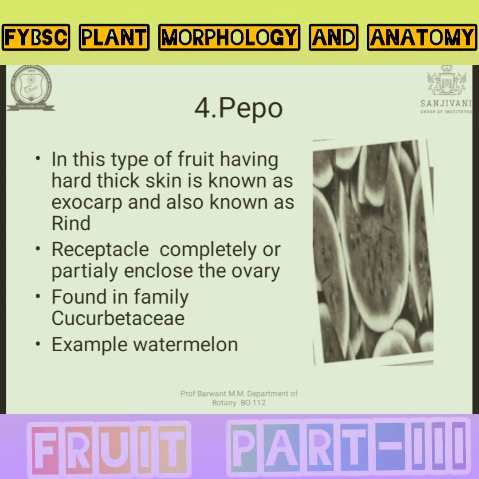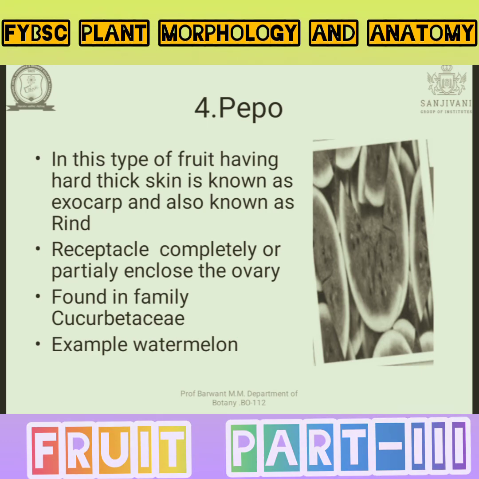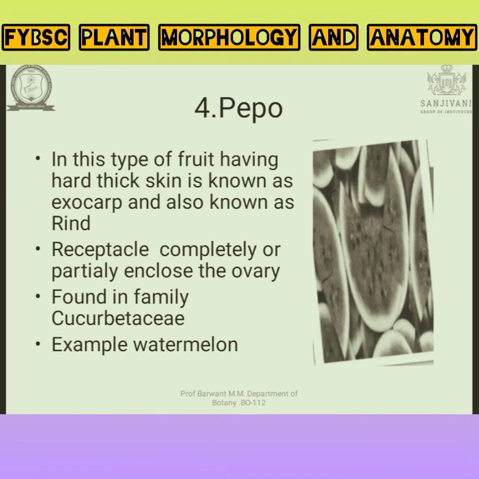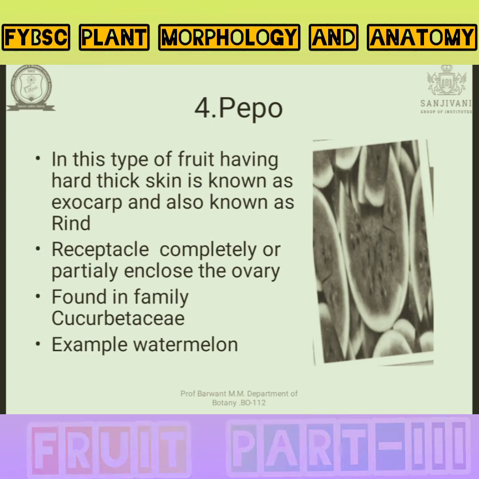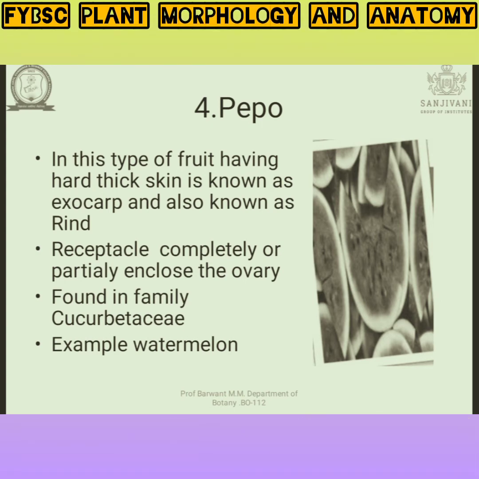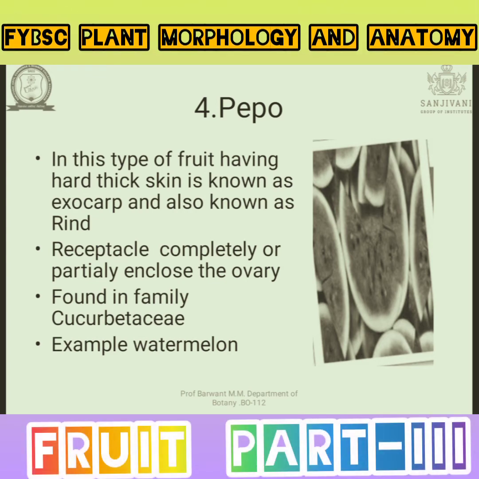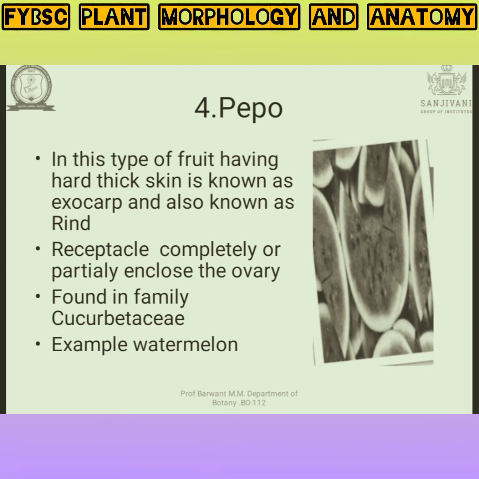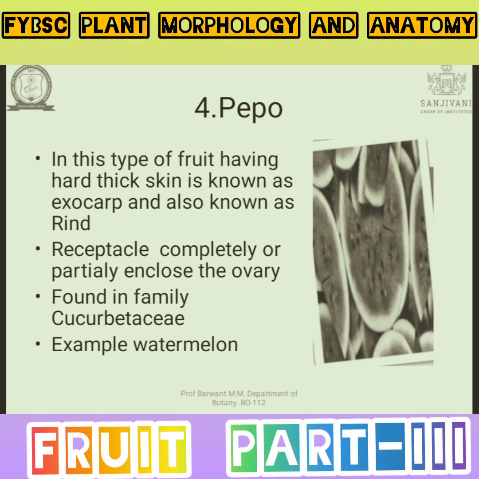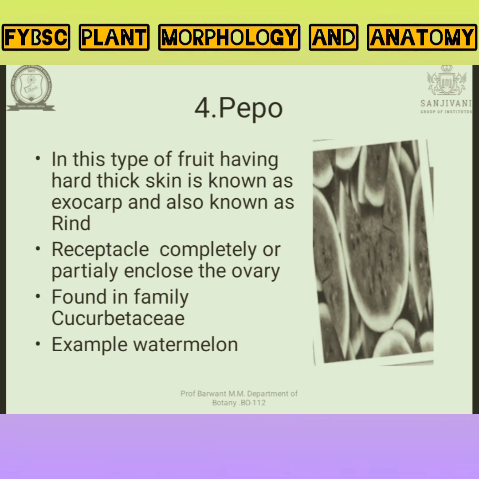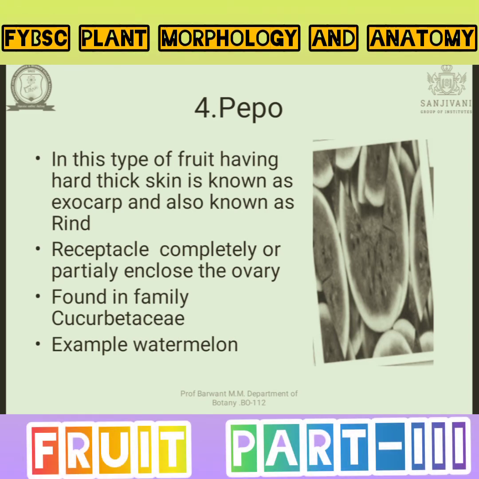In this type of fruit, the hard thick skin is known as exocarp or rind. In watermelon, the outer green color and the inner white layer are present, that is known as the exocarp as well as the rind.